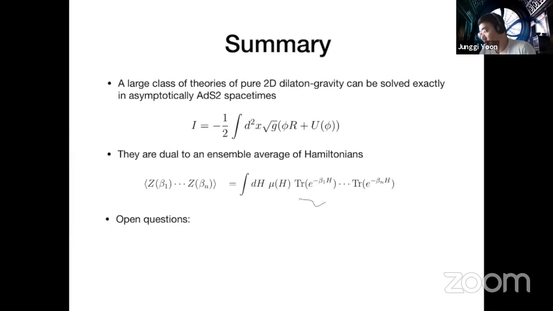I have a similar question to what Koji asked. Here you said this is due to the SYK model, but in the SYK model you have to do the random averaging, and you have a lot of spectrum, a lot of matter, a lot of degrees of freedom. But in JT you don't have it.